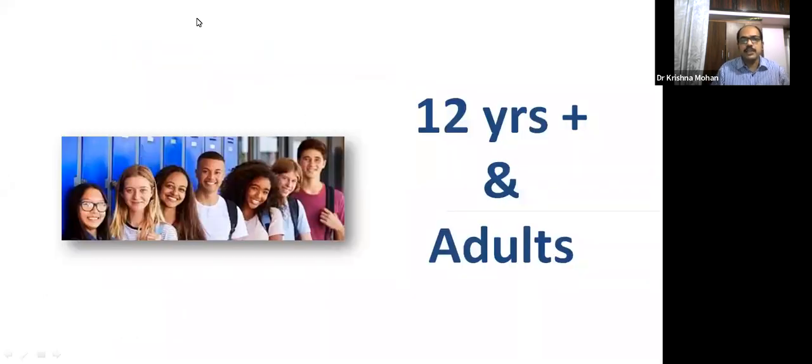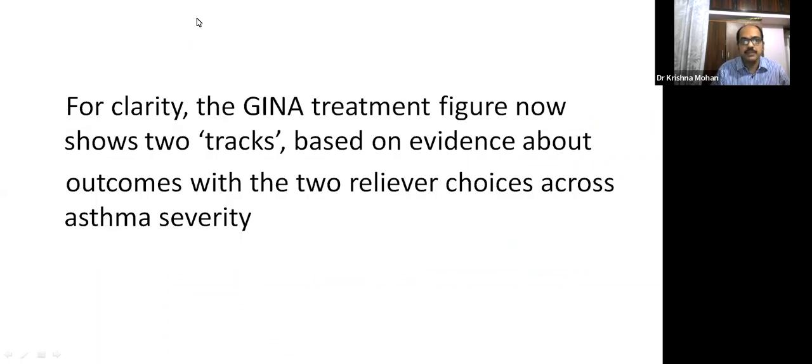Now coming to the age group, adults and adolescents. For adults and adolescents, from 2021 onwards, GINA is giving 2 treatment algorithms, based upon the reliever drug which is used. You can choose either of these 2 tracks, whichever you feel is comfortable for you as well as the patient.